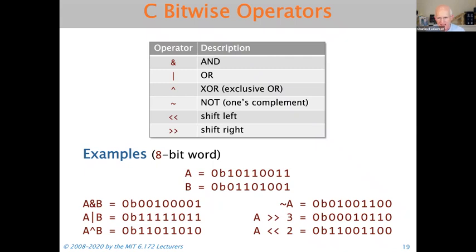We also have bitwise OR, a single vertical bar, and that takes the OR of corresponding bits in a word, once again distinguished from the double bar logical OR. The caret, the little pointy thing, is bitwise exclusive OR, often called XOR, and the twiddle we've seen is the ones complement.